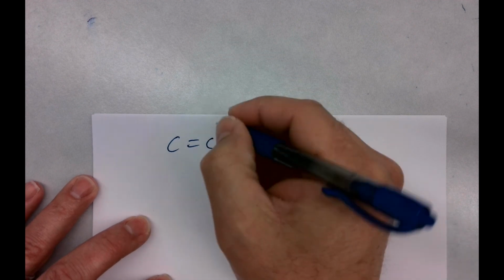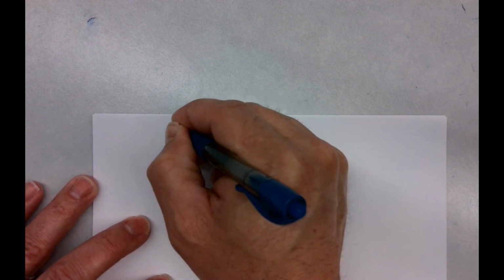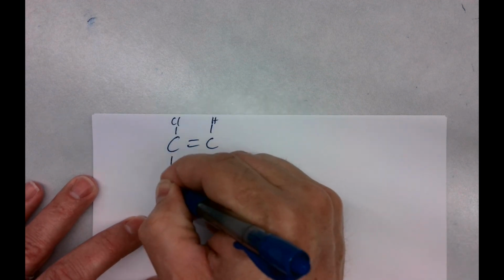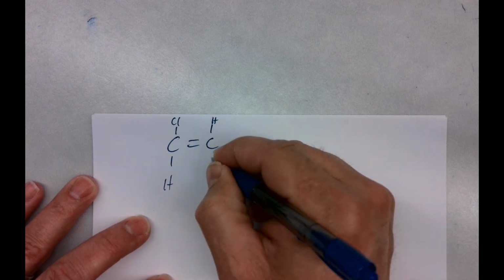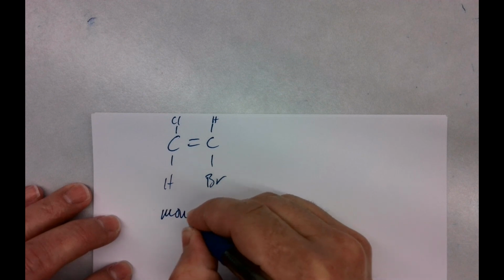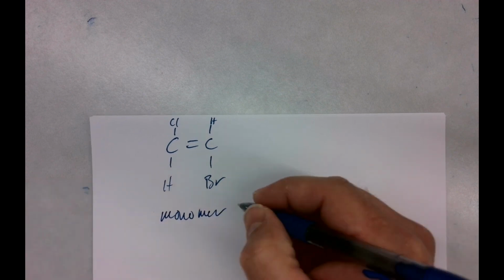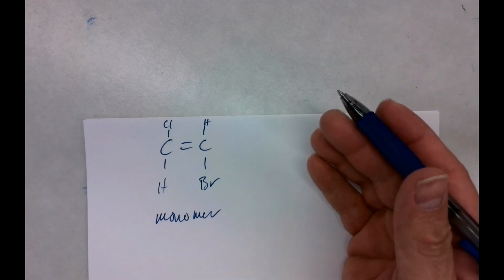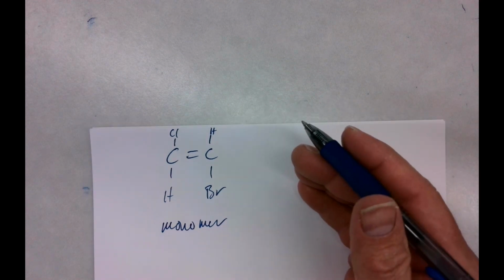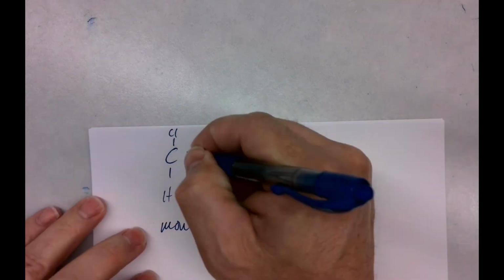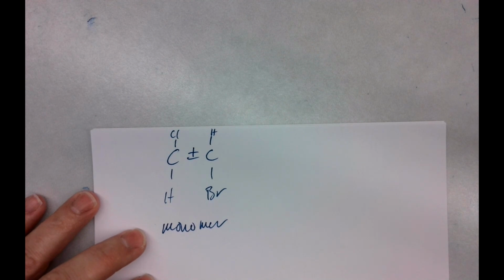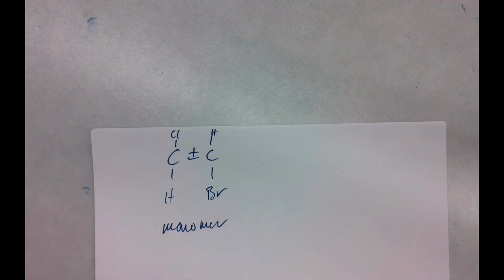Now these are all going to contain a double bond. Okay. So let's say I've got this. This is my monomer. So if I want to create a polymer here, what's going to happen is, for lack of a better explanation, this double bond is going to break. Well, that's going to require that carbon to do what?